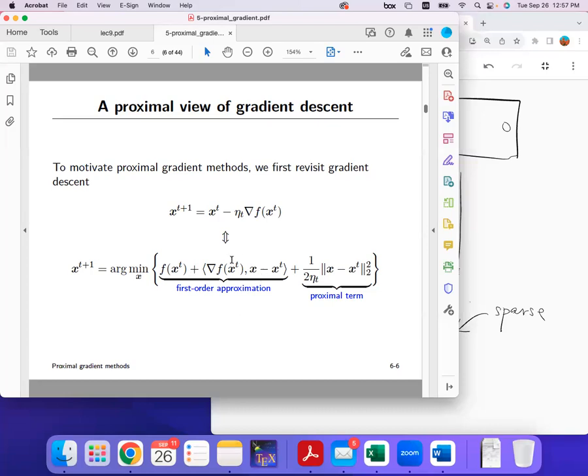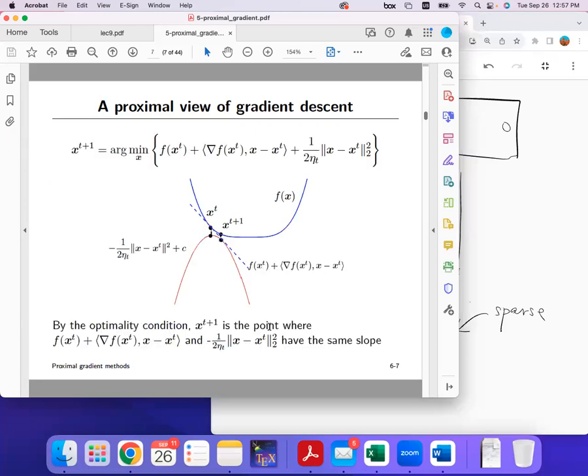So this is a first order approximation plus the proximal term. So together, this builds a local quadratic approximation of the objective function. And then we are looking for a minimization to this simpler problem. And these are the illustrations that we have talked about before. So I will skip this.